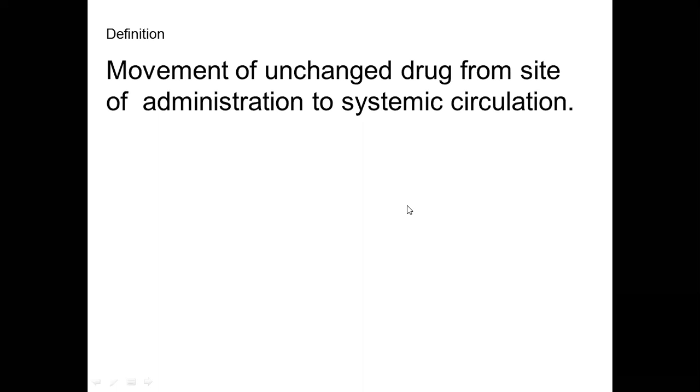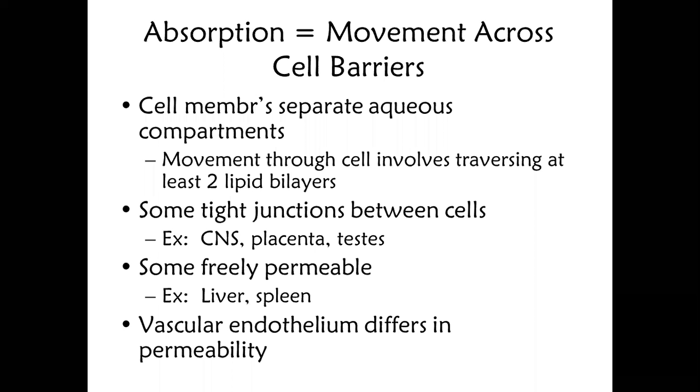So when we administer the drug through the oral route, intravenous route, pulmonary route or any other route, the drug movement from that administered site to the systemic circulation is called absorption. Absorption is nothing but movement across the cell barriers.